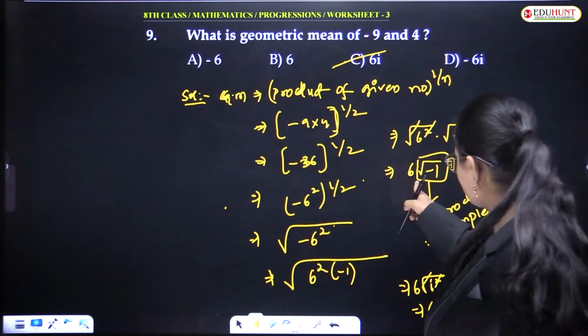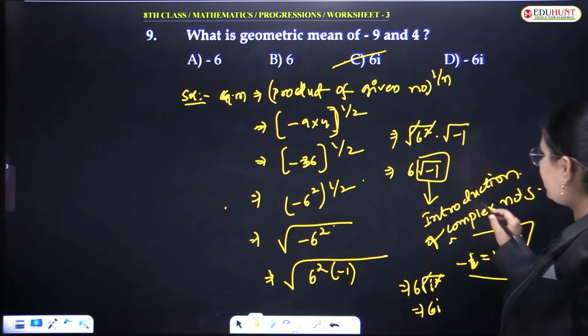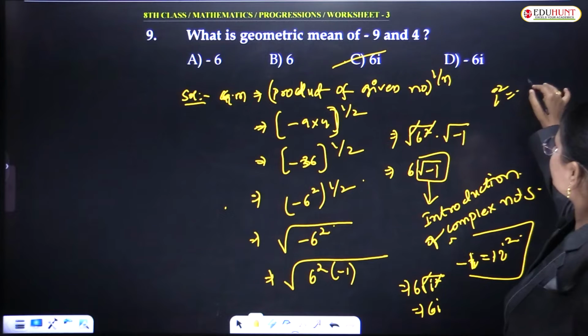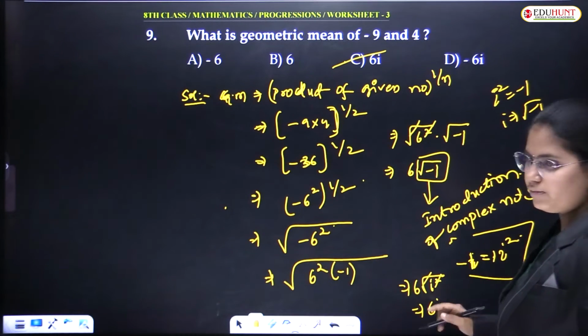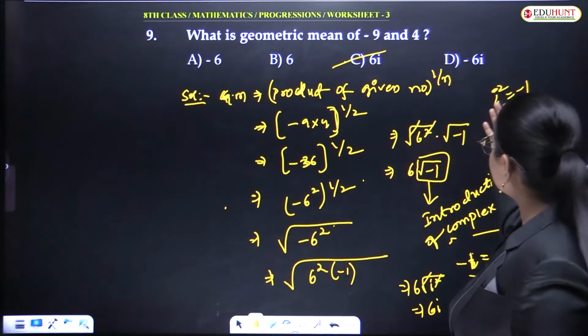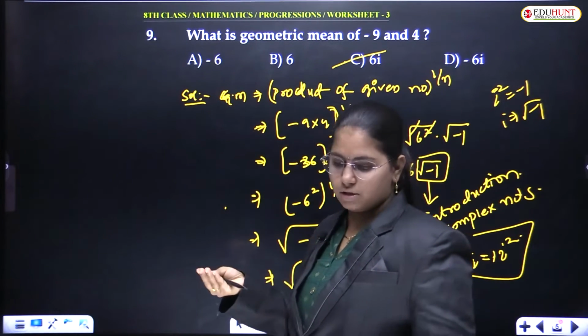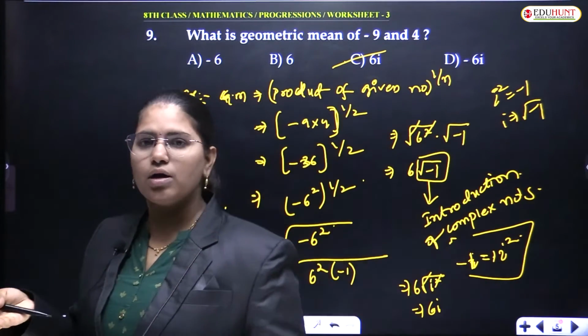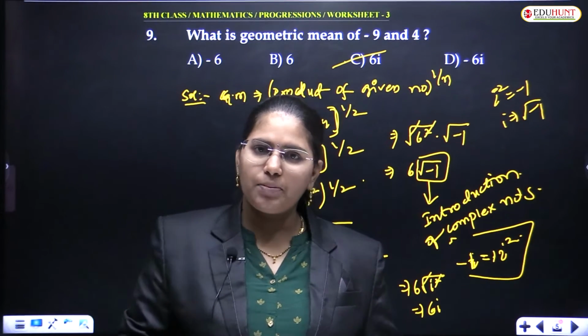How did you get it? i square is always equal to minus 1, so i is equal to root minus 1. That is what I have mentioned here. You will learn in depth about this root minus 1 in the chapter of complex numbers.